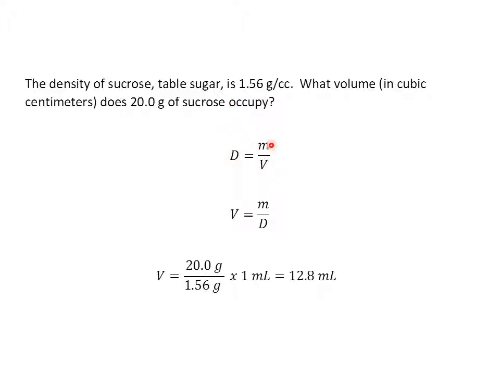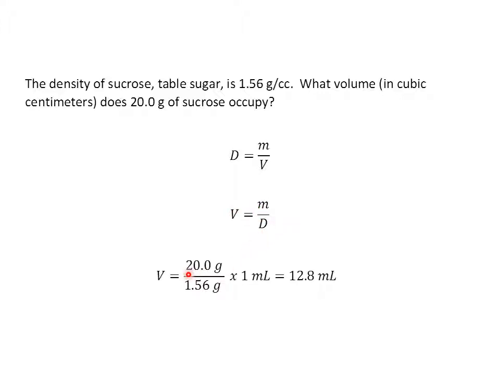Again, we're going to make use of our density equation. D = M/V. In this case, we're looking for volume, so we need to cross multiply. So volume goes on this side of the equal sign, and density will go down into the denominator on the opposite side. And so to calculate volume, we say V = M/D.